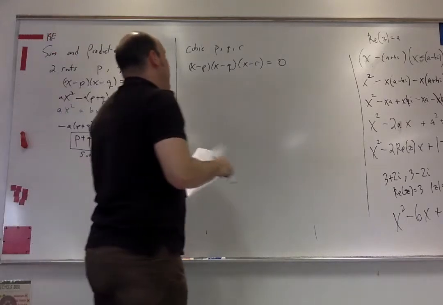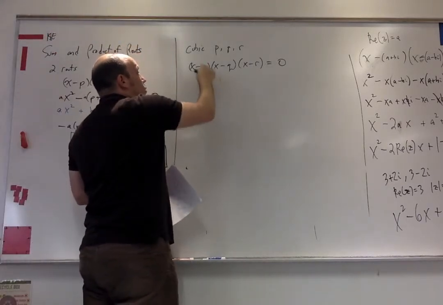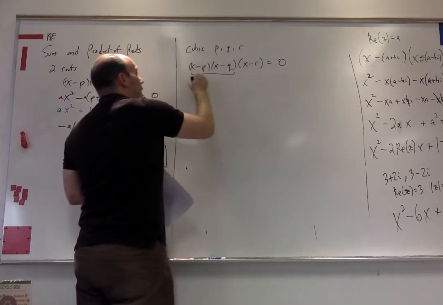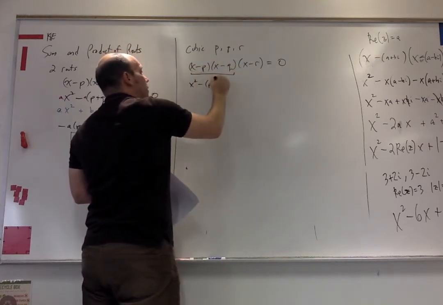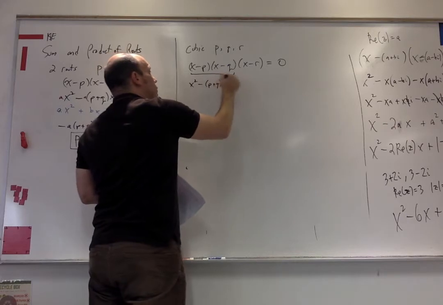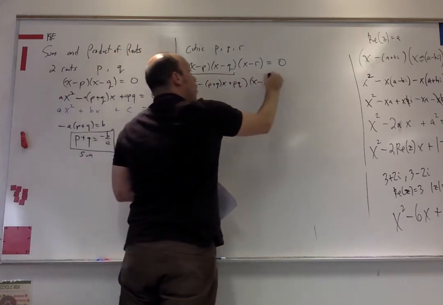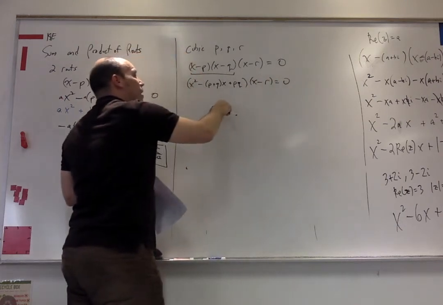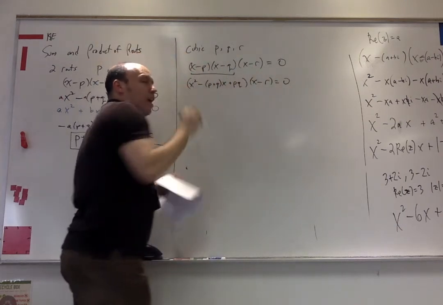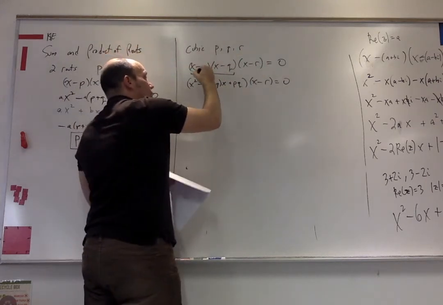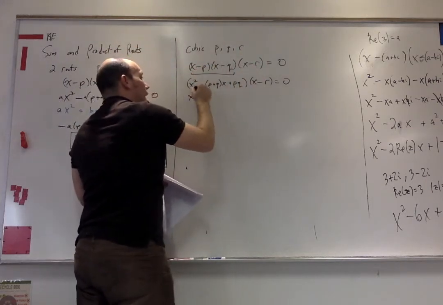So what do we have here? I'm going to do these first: x squared minus (P plus Q)x plus PQ, and I'm going to multiply that by (x minus R). Then I'm going to do a major FOIL. x squared times x is x cubed.